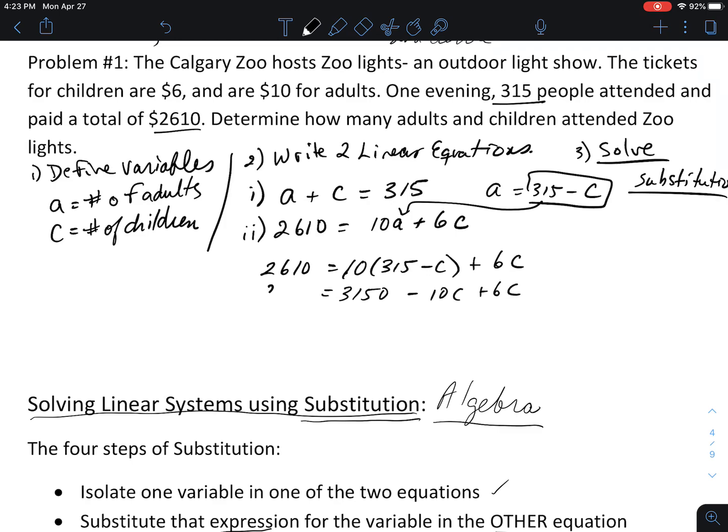So now what I'm going to do is multiply. Okay, and now I'm going to collect my like terms together. So 2,610 is 3,150 minus 4C, and I'm going to take this away.